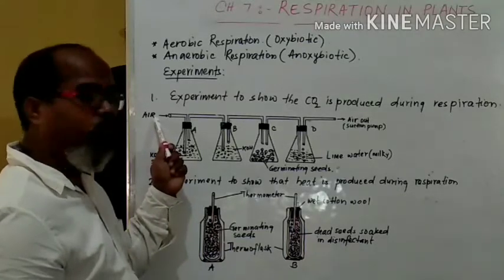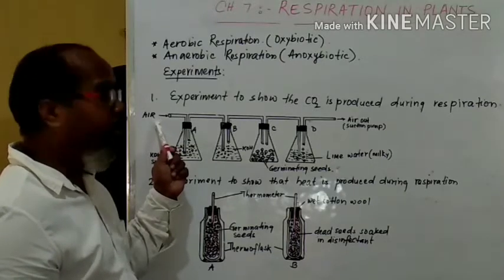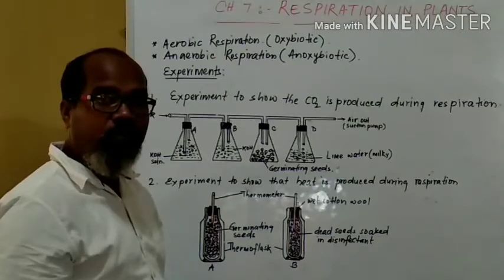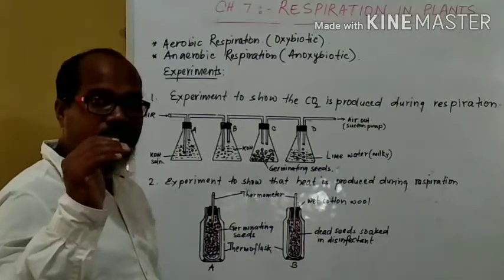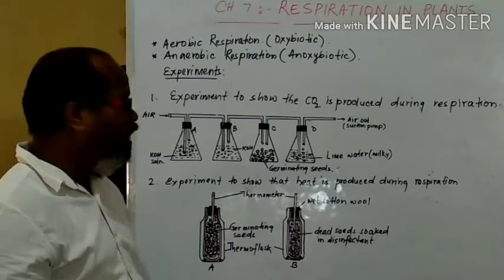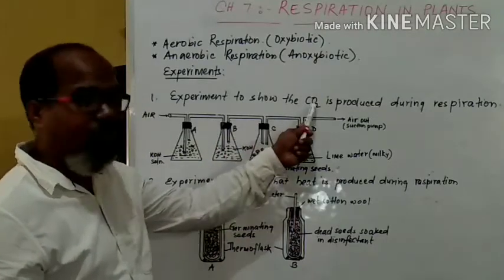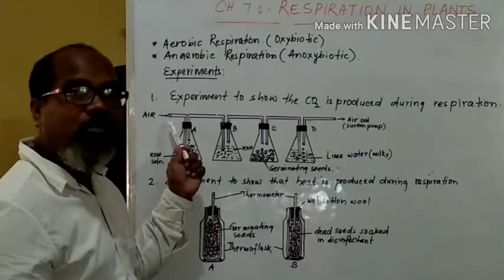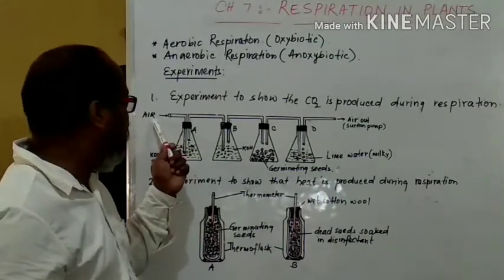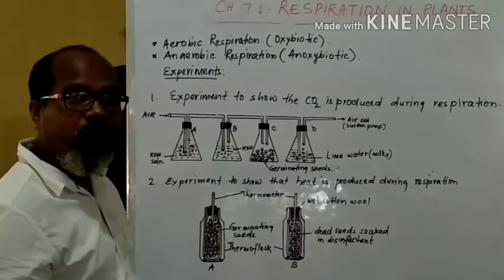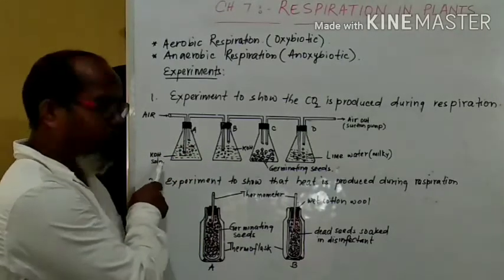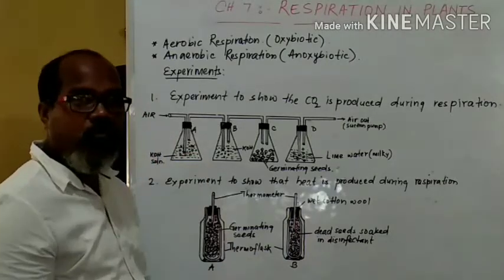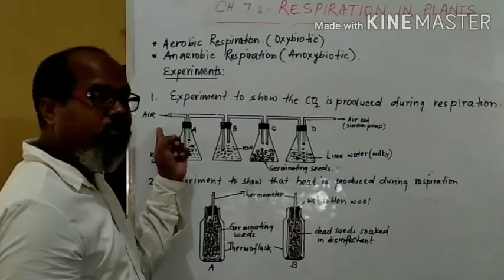Through this tube, the air enters flask A. We know the composition of air. One of the components of air is carbon dioxide. Our experiment is to suggest that carbon dioxide is produced during respiration, so we do not want carbon dioxide in the air moving into this flask. So potassium hydroxide solution absorbs the carbon dioxide present in the air.